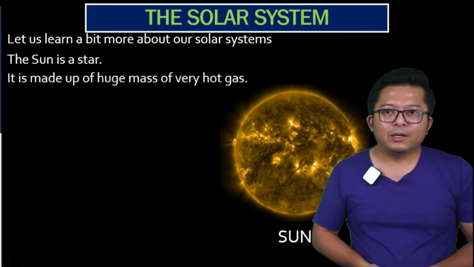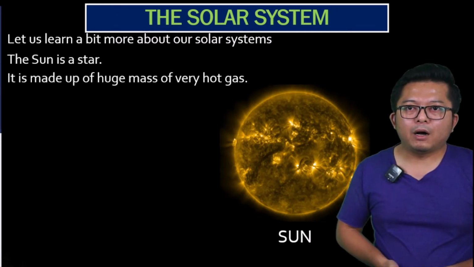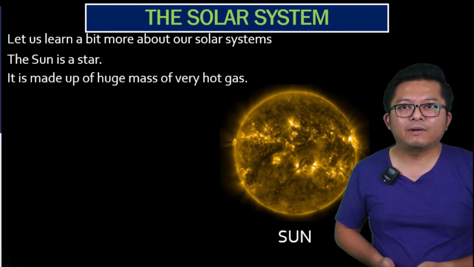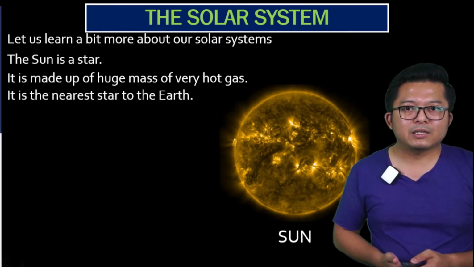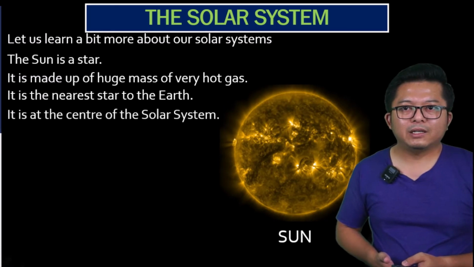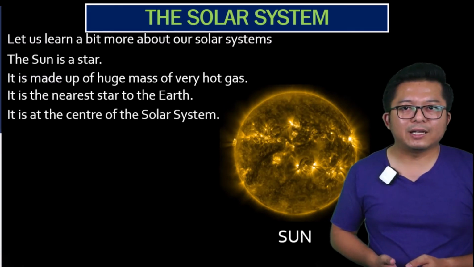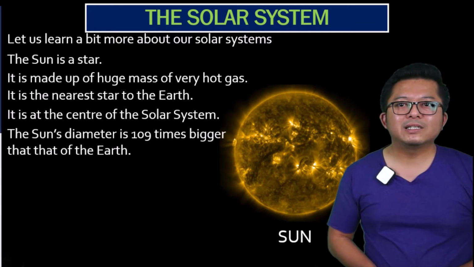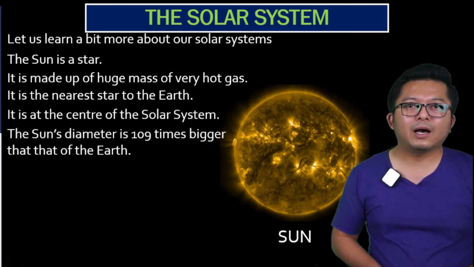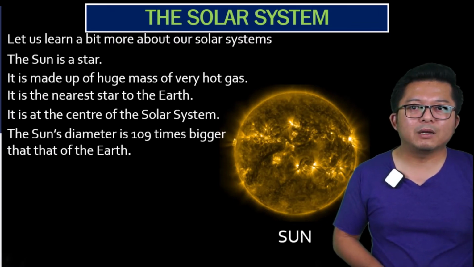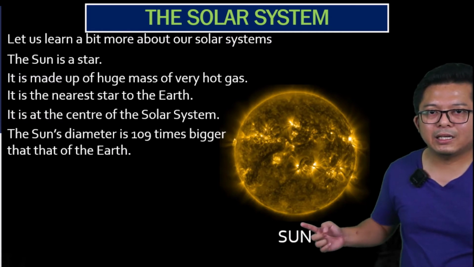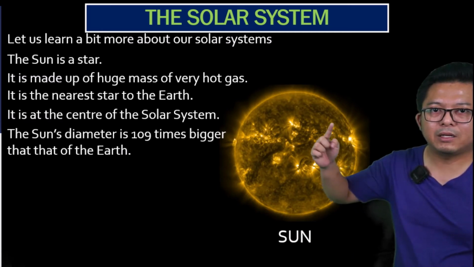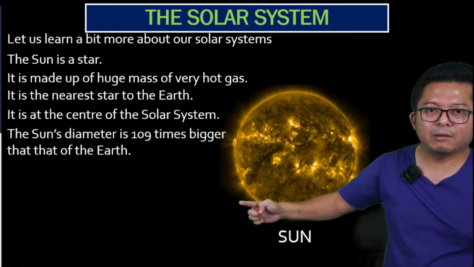Now, the sun is made up of a huge mass of very hot gas. It is the nearest star to the Earth. It is at the center of the solar system. The sun's diameter is 109 times bigger than that of the Earth. This is the diameter.